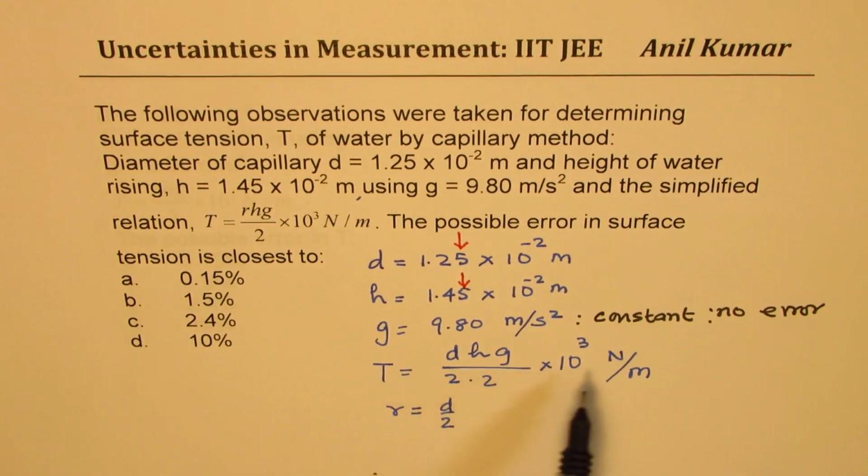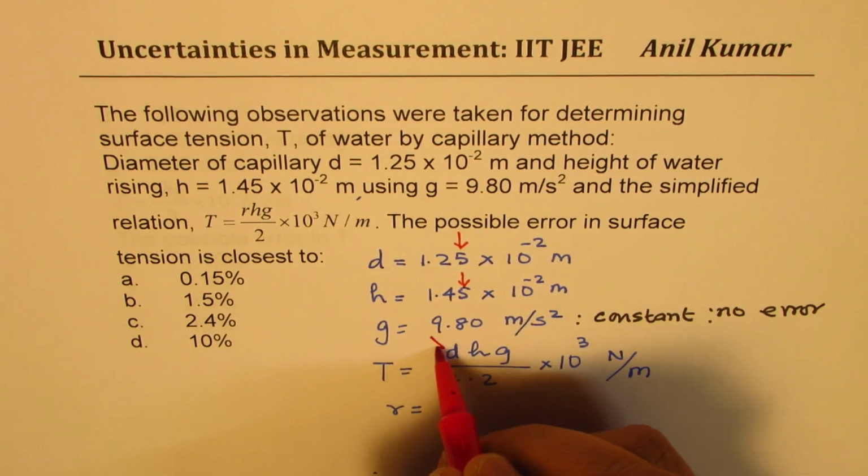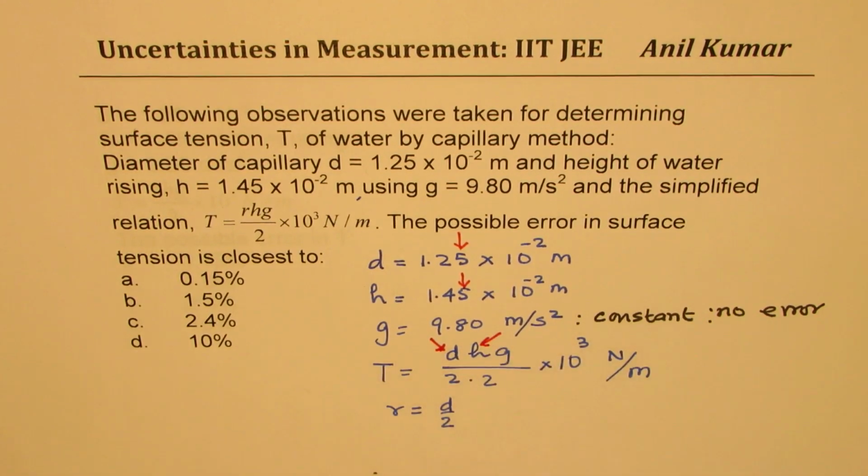If you look into this formula, you know that the error involved is mainly because of these two. So they should get added up and then we should find the answer. If it is a multiple choice question, you can write down the answer very fast, provided you know what the error is.